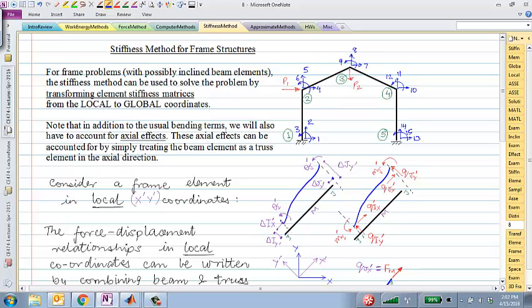So in general, the degrees of freedom that are associated with a node i, what would those be? If I have a node i, the degrees of freedom corresponding to that node i would be what? Go ahead. 3i, 3i minus 1, 3i minus 2. Right.